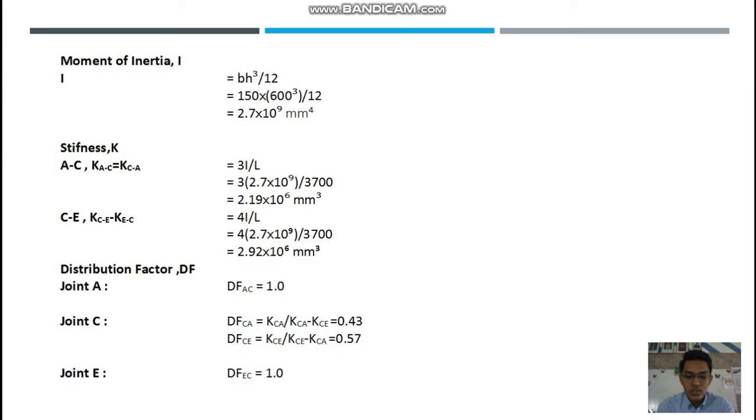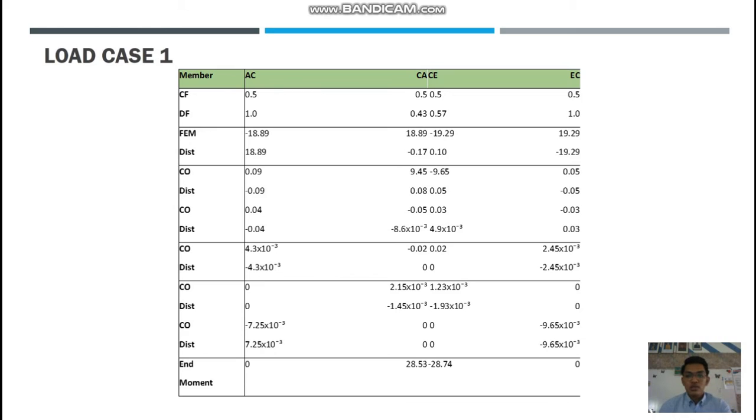And for joint C, the value for distribution factor CA and CE is 0.43 and 0.57 respectively. And here is the table of moment distribution for load case 1.